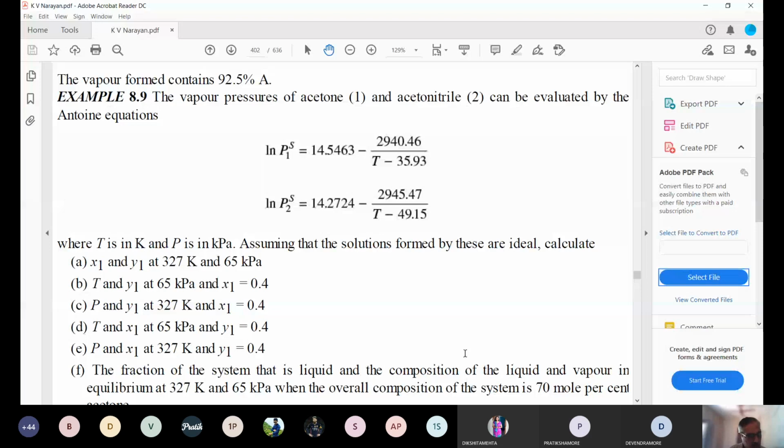So find out P and then Y1. Yes, sir. Okay. Calculate P because you know P1s and P2s, which is already done for 327 Kelvin. Find out total pressure and find out Y1.